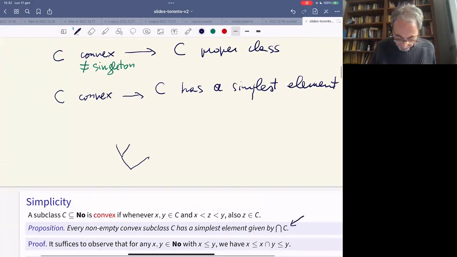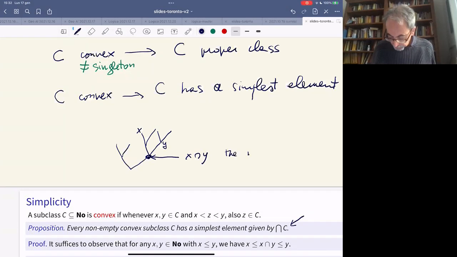This is the tree. If this is X and this is Y, this one is going to be the intersection, the meet, in the tree-like order.